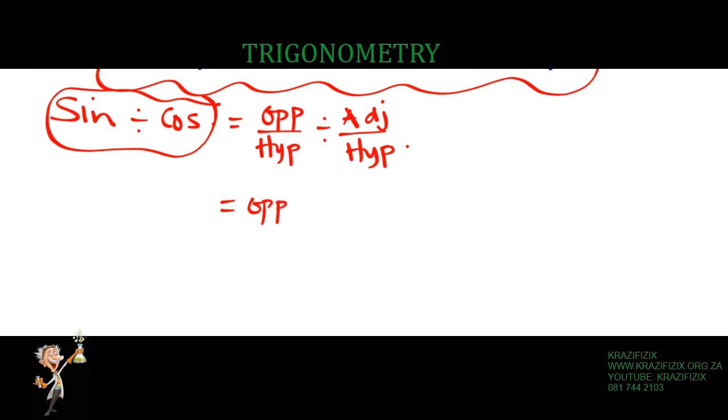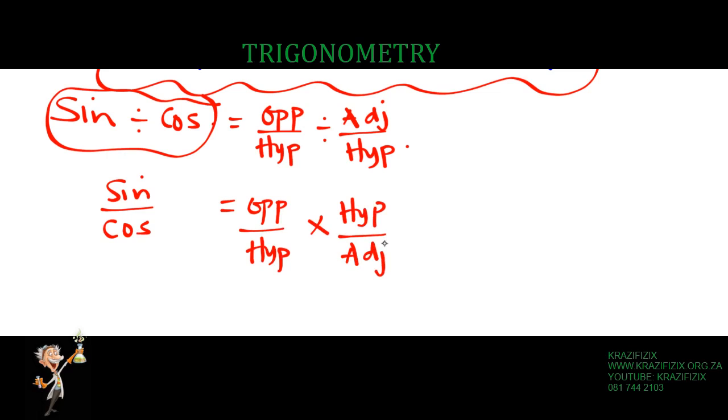So this is sine over cos. We're dividing there. Opposite over hypotenuse times hypotenuse over adjacent. Do you notice this can then divide that? What do I have left? I have opposite over adjacent. It looks as if we've seen that somewhere.